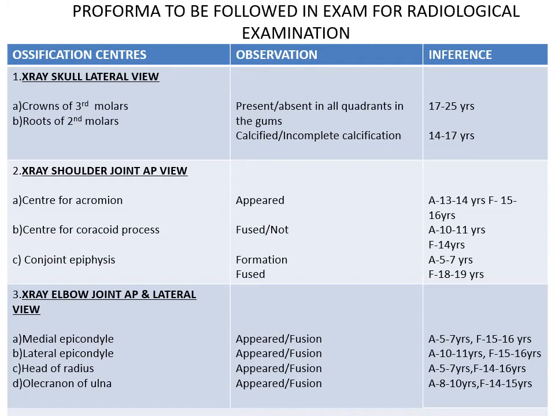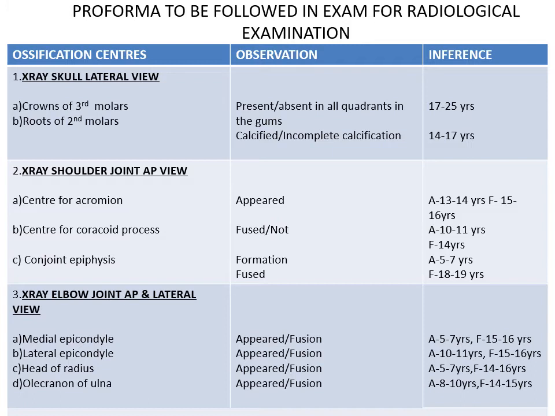Usually we get cases below the age of 25 years. So for this we look for only skull X-ray, shoulder, elbow, wrist and pelvis. And for better view of the teeth, we take an orthopantomogram, which I will show you in the later X-rays.